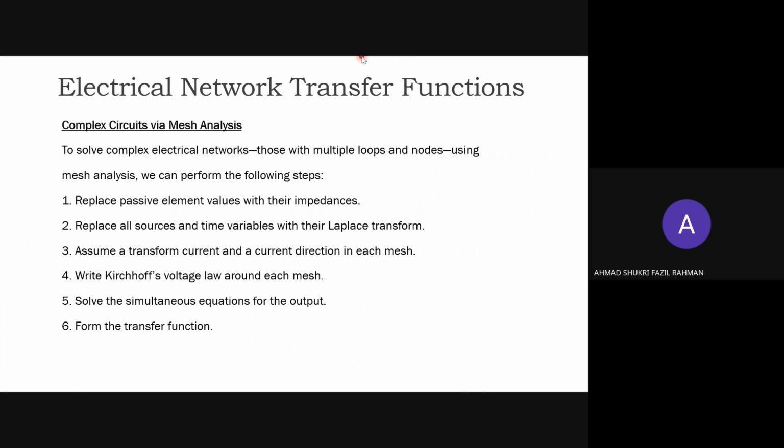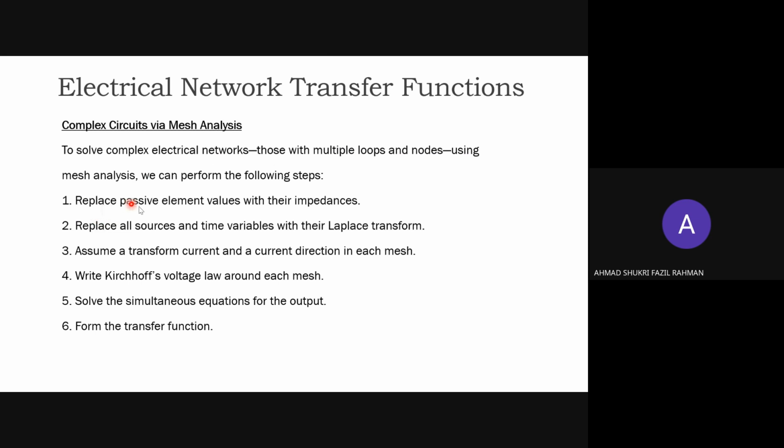Normally happen when we have more than one loop, time dependent, voltage dependent, source, and so on. So how do we solve? To solve for complex electrical network, especially the network that have multiple loop and also node, we normally use mesh analysis. So there are up to 6 steps that we can use.